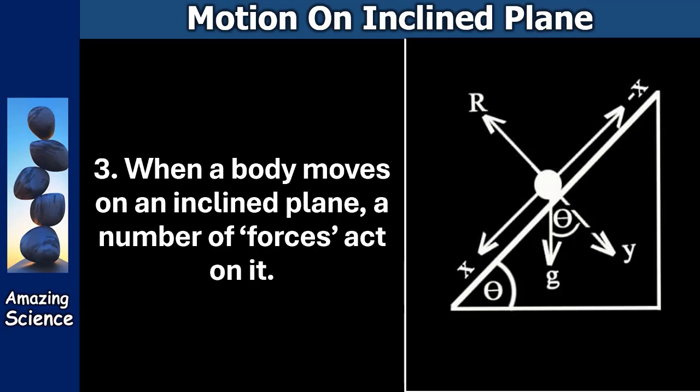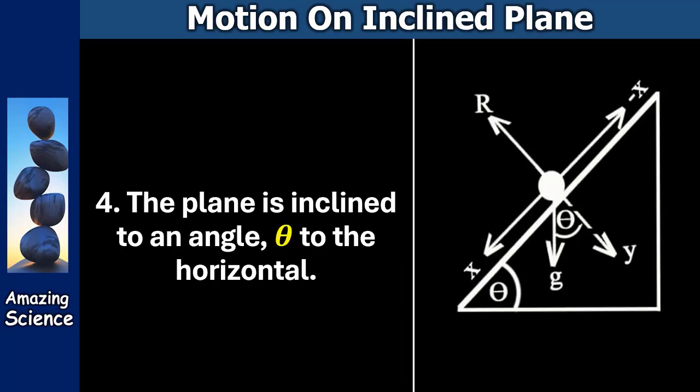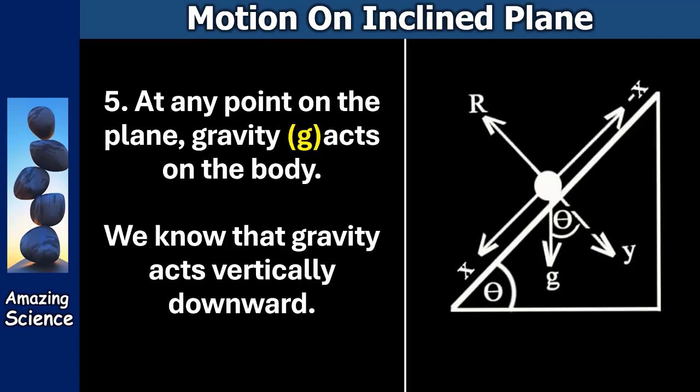From the diagram, we see that the plane is inclined at an angle theta to the horizontal. We can also identify about 5 different forces that are acting on the body. At any point on the plane, gravity acts on the body, and we know that gravity acts vertically downward.